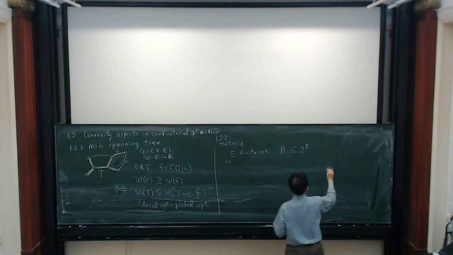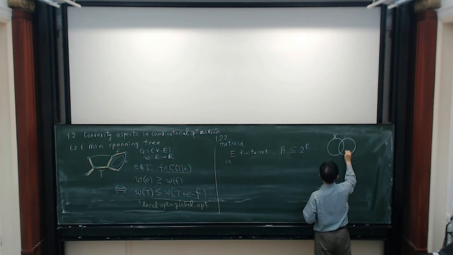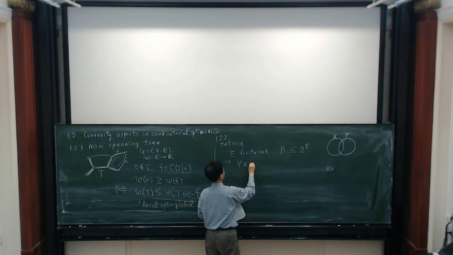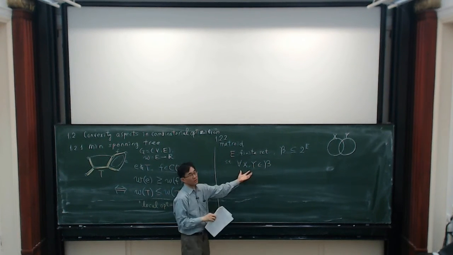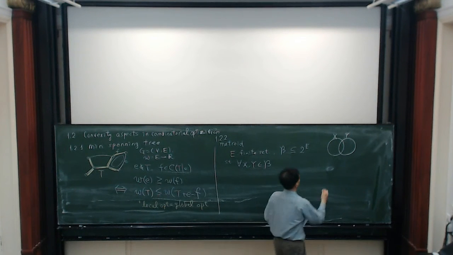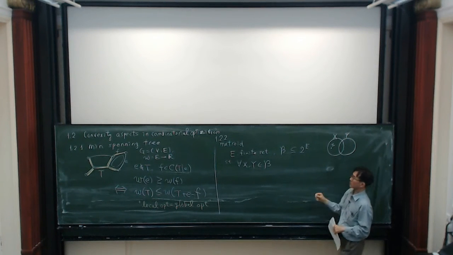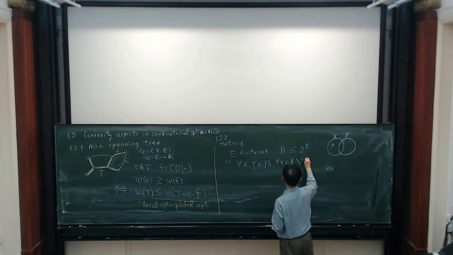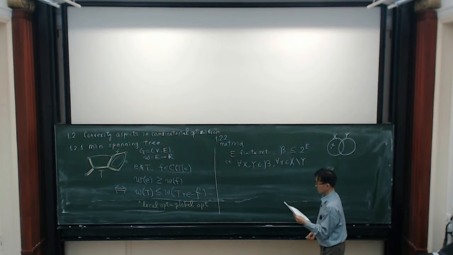So if you take two sets, x and y, from B, any x, y in B, that means any two spanning trees, and if they are distinct, there is an element. So for any x in x minus y, then the following should be true.